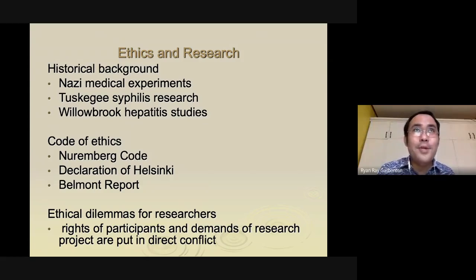Kasi the American government, during this time, reduced the funding onto syphilis research. Okay, so they decided to continue with it, but they have to modify the research method. This time, their objective was to know what will happen to a person if syphilis becomes untreated.